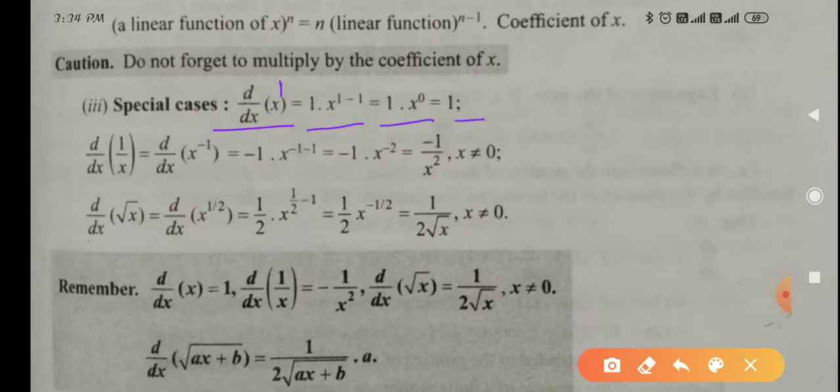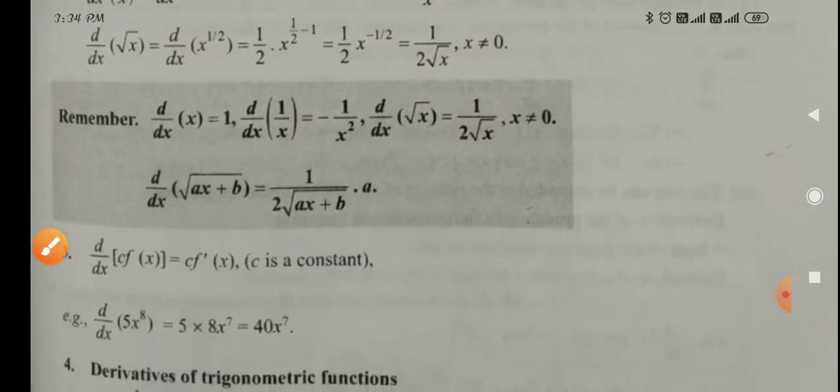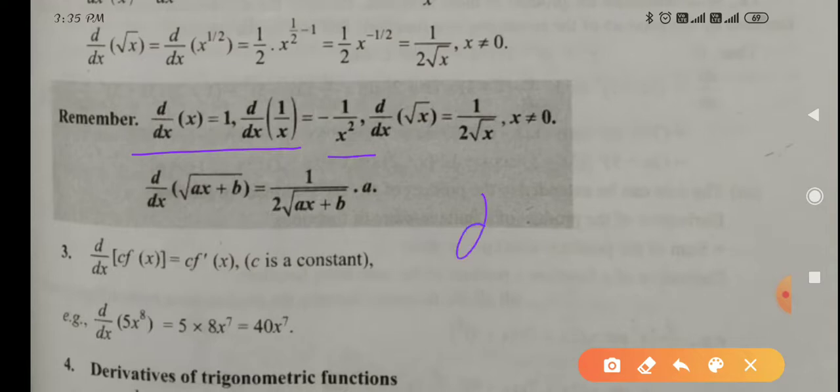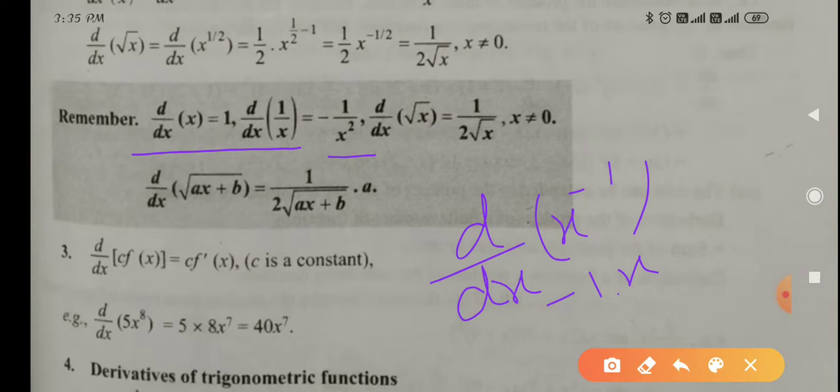So in the same way you can see in this table, you have to learn d upon dx of x equals 1, d upon dx of 1 upon x equals minus 1 upon x square. You can use that d upon dx of 1 upon x can be written as x to the power minus 1, and you can apply the formula d upon dx of x to the power n equals n x to the power n minus 1.